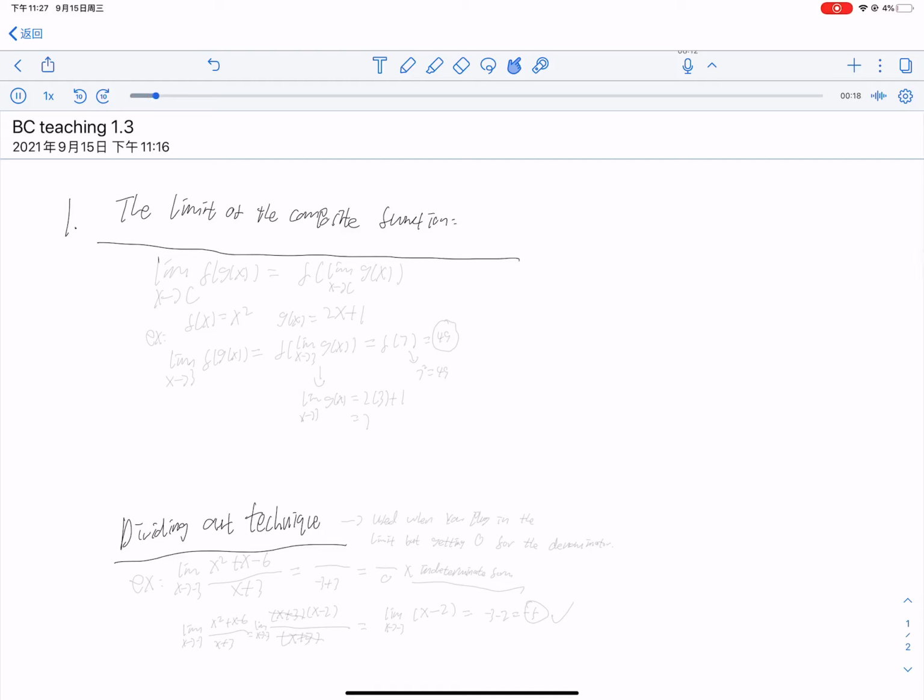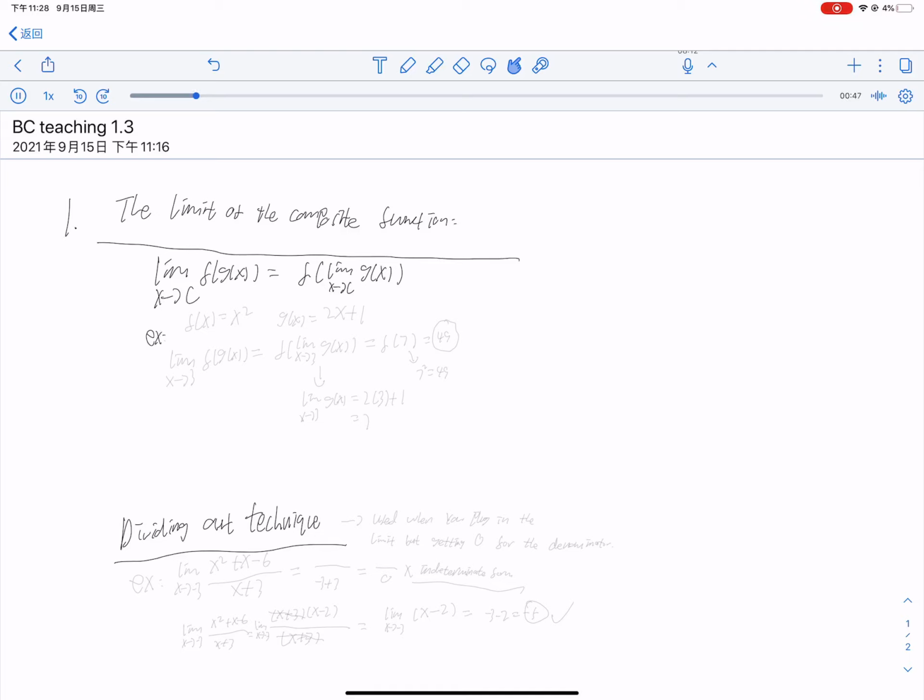here's the equation: the limit as x approaches c of f of g of x equals f of the limit as x approaches c of g of x. Alright, so this is kind of complex and confusing, but you'll get it when I give you an example.